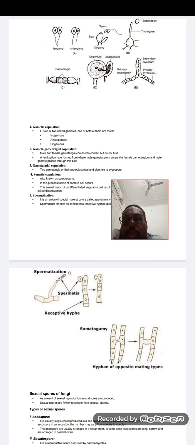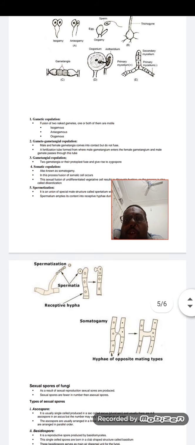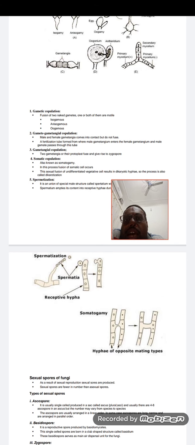The female gamete and the male gamete pass through it, and then they fuse. In gametangial copulation, the two gametangial protoplasts fuse together and form a zygospore. These are the 3 main methods by which sexual reproduction in fungi takes place.